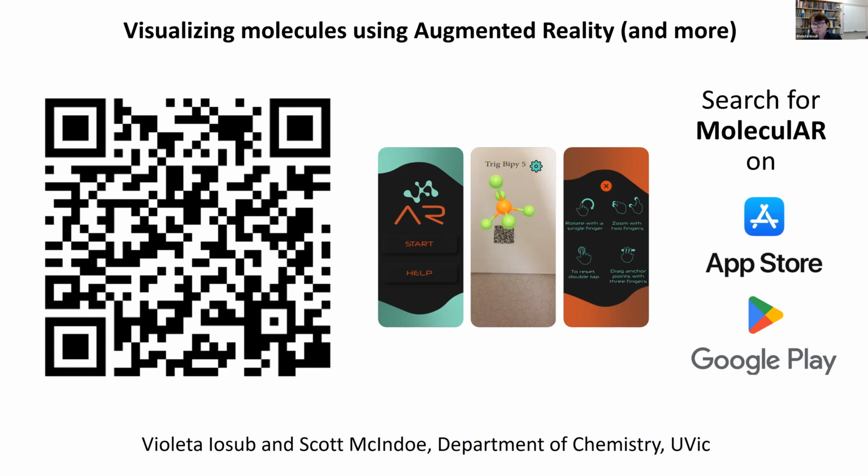Scott has multiple awards, both for research and teaching, but I'll mention only the most recent one, and that is that he became a 3M National Teaching Fellow in 2022. So that's it. With that being said, please join me in welcoming Scott to our seminar.